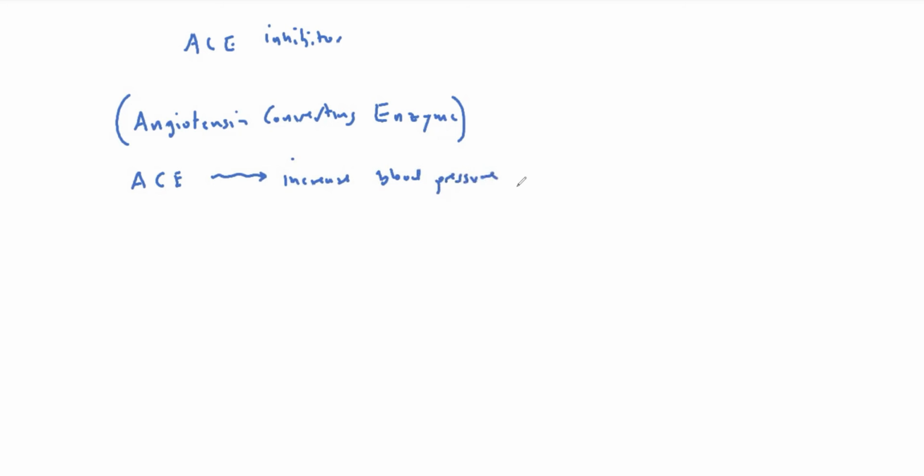And we have lots of angiotensin ready to be converted into another form that's going to cause your blood pressure to increase. And there's going to be some conversion of angiotensin happening at all times, right? In other words, ACE is going to be converting angiotensin into the thing that causes your blood pressure to increase all the time. Okay?